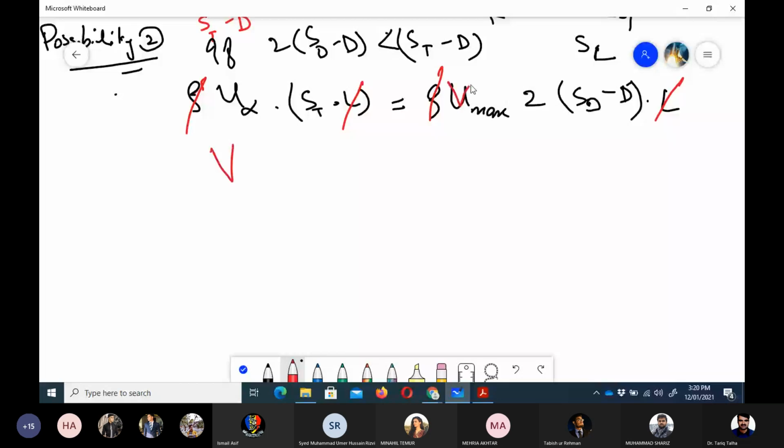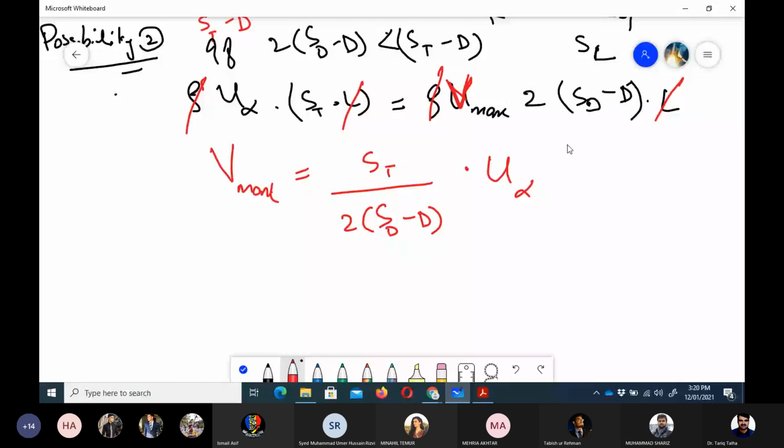It should be Vmax, right? Because in the book they have used Vmax, so I am using the same notation. Vmax is equal to ST divided by 2 times (SD minus D) into U infinity.